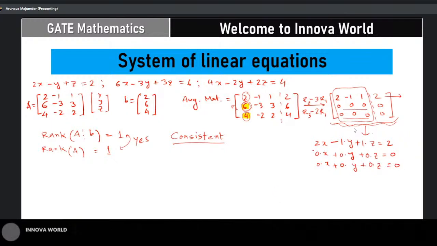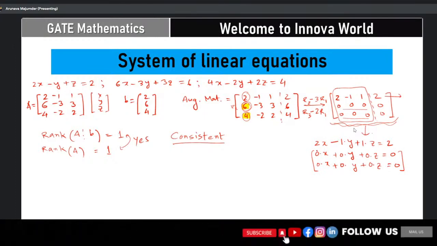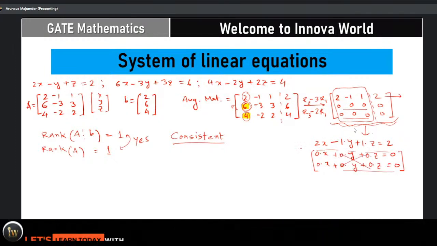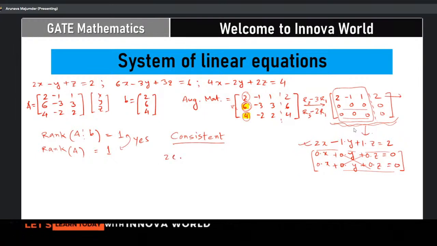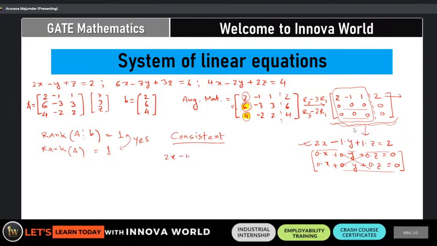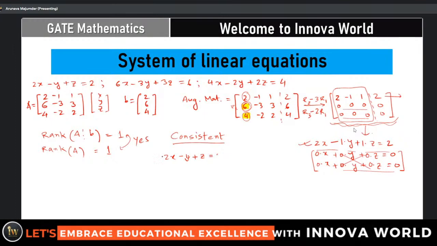So these two equations don't really exist, because they are all 0 equal to 0. We don't need to write these two equations. Only a single equation exists here, which is 2x minus y plus z is equal to 2.